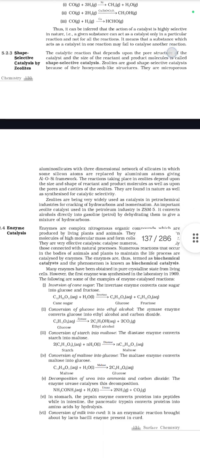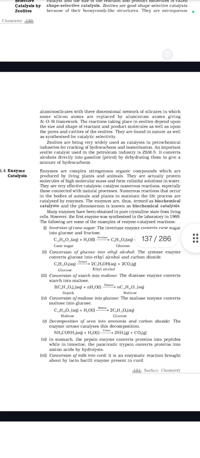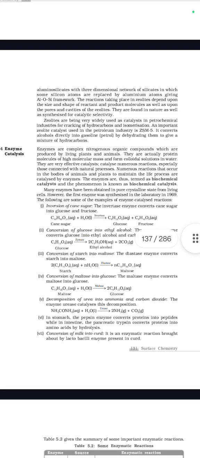They are microporous aluminosilicates with a three-dimensional network of silicates in which some silicon atoms are replaced by aluminum atoms, giving an aluminosilicate framework. The reaction taking place in zeolite depends upon the size and shape of the reactant and product molecules as well as upon the pores and cavities of the zeolites.